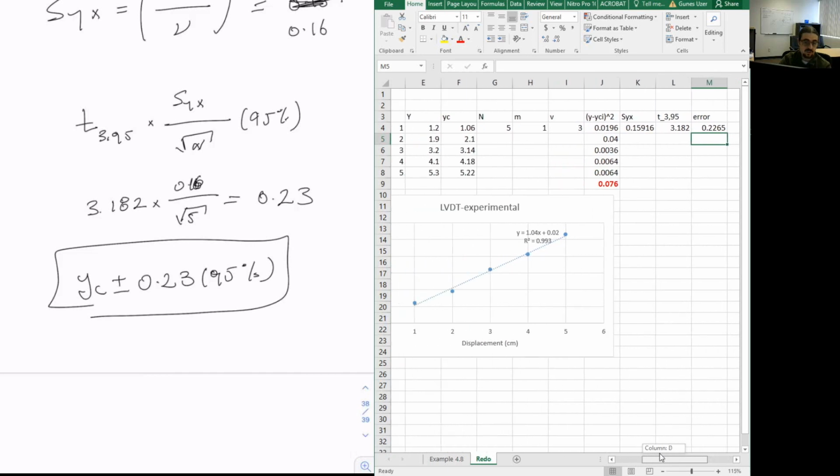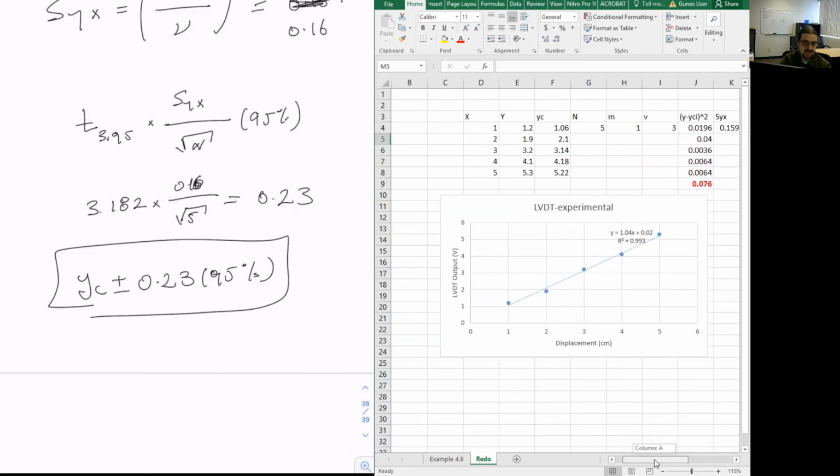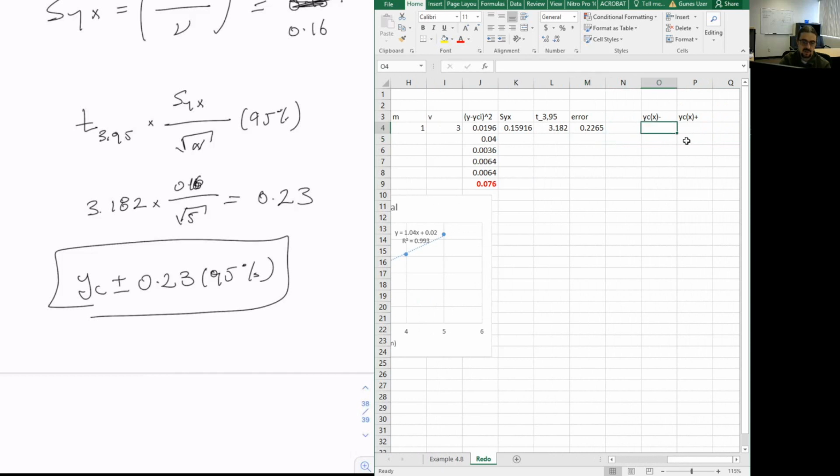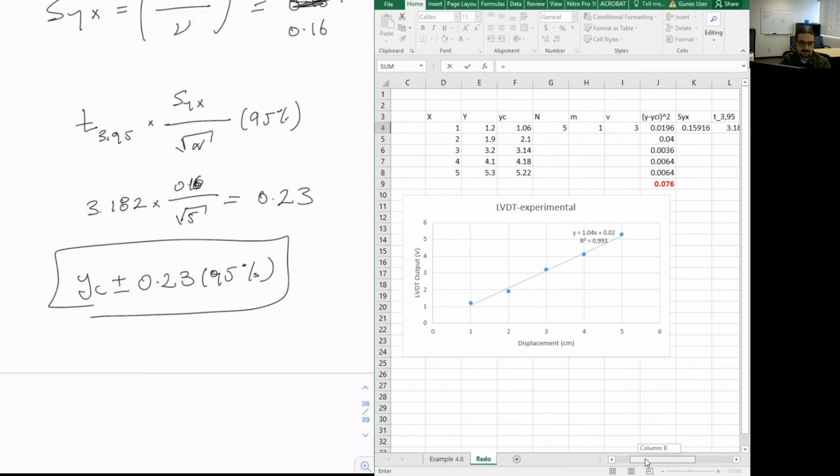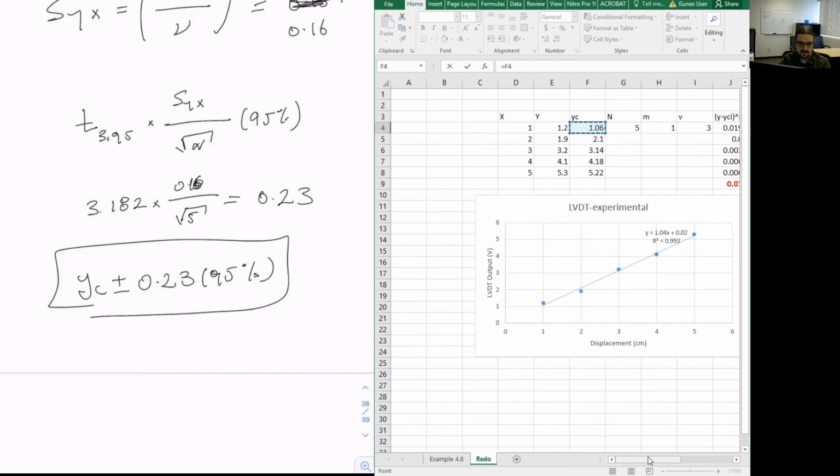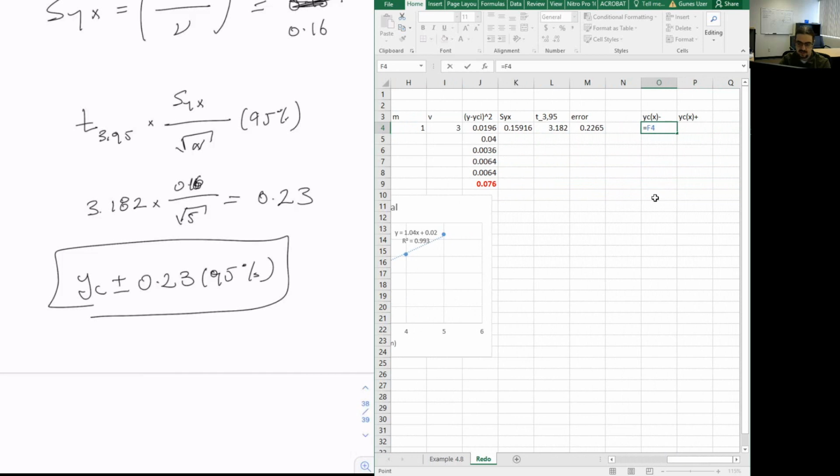One way that you can show this confidence interval in a graph is that you can take the yc value, which was here, 1.06, minus the error value, and you can do this for each one of them, not the last one probably. Then you can do the same thing, but instead of minus you can do plus. So that will be your error band.